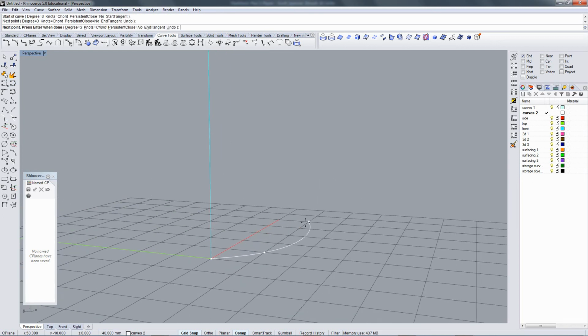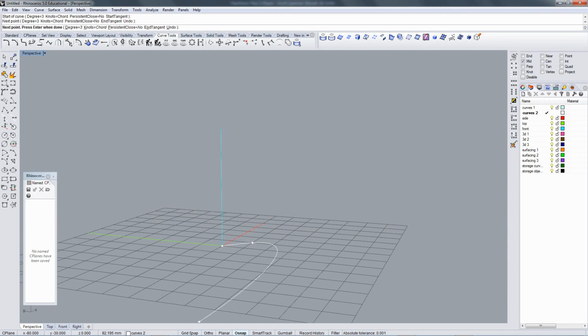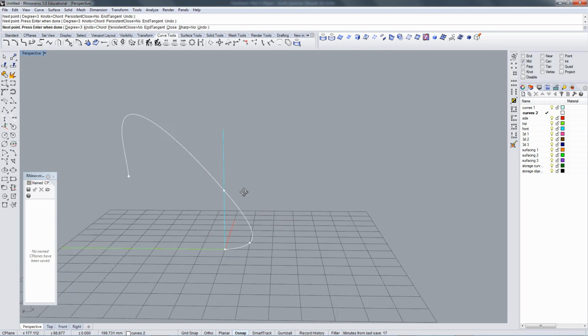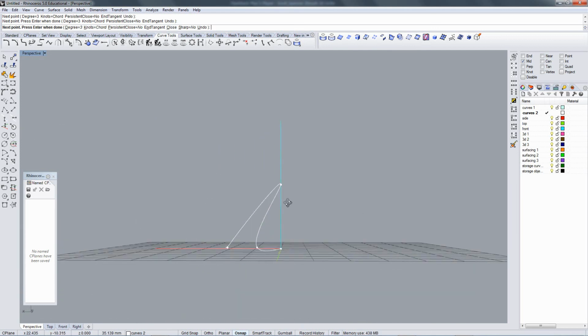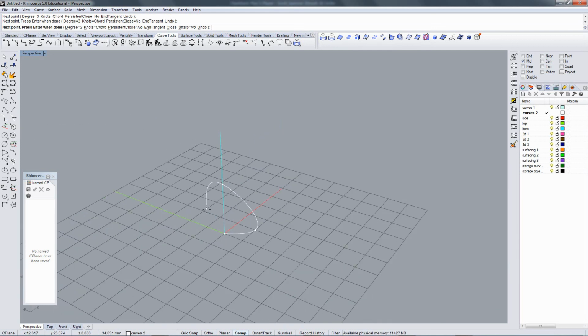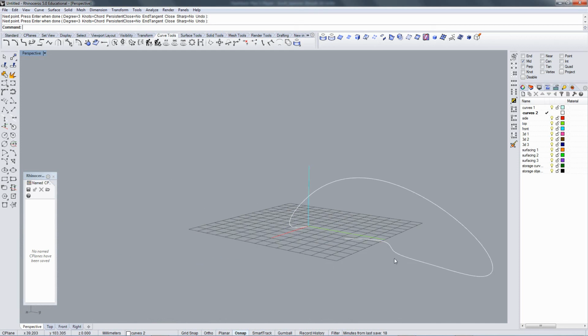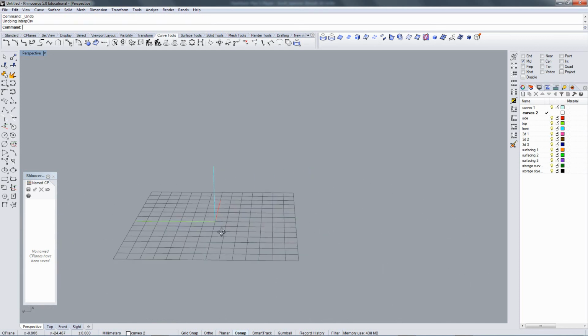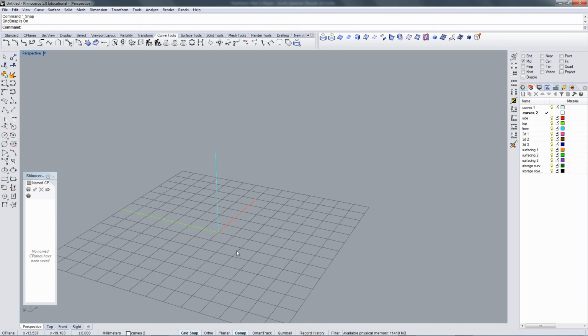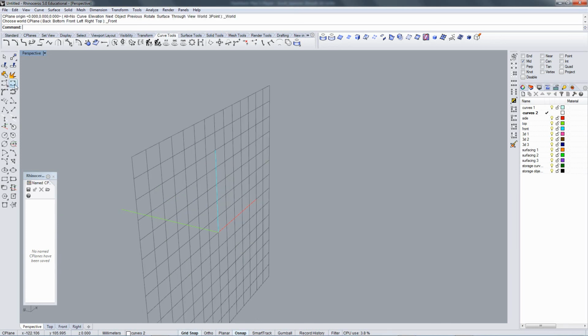Top C-plane is currently active, but if I use a mid-snap, I can grab onto the midsection of that line, which is not on the C-plane. However, the very next place I pick, no matter where it is, it's going to be back on that C-plane. Okay? So if I don't have an object snap lifting me away from the C-plane, I am stuck on the C-plane.